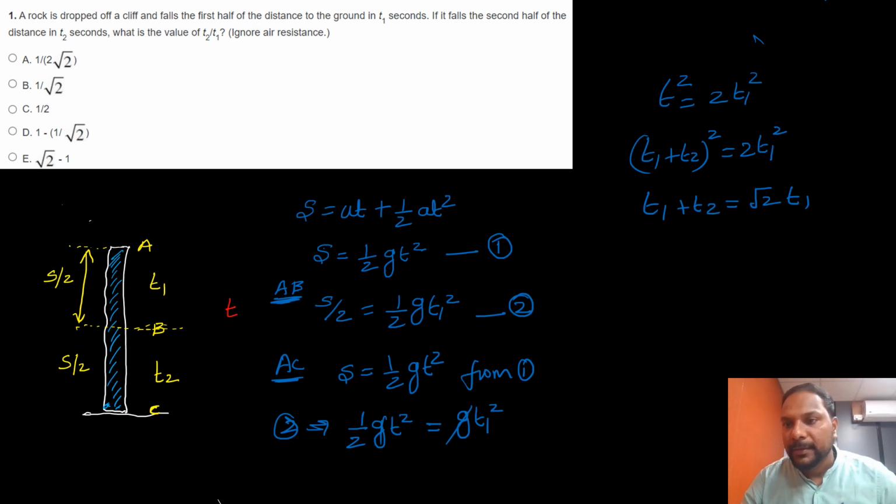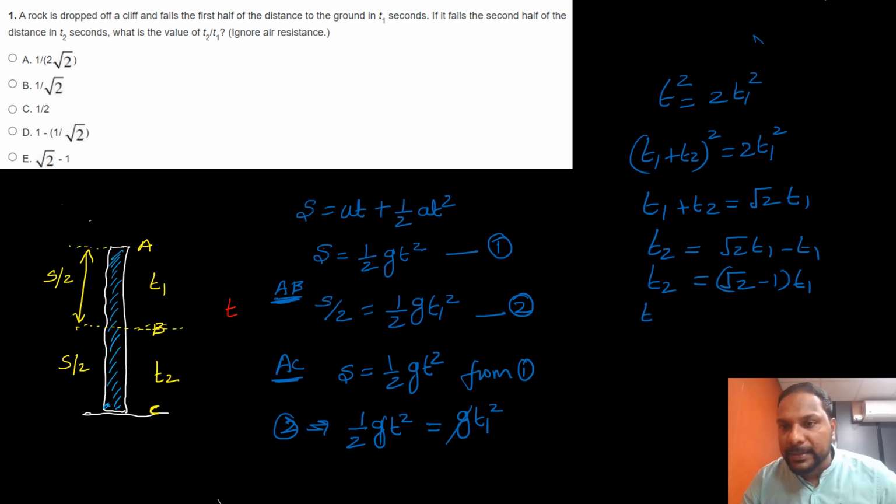Is it clear? They require the value of t2 by t1. So I am bringing t1 to the other side, so t2 is equal to root 2 t1 minus t1. If I take t1 common outside, we get root 2 minus 1 of t1.